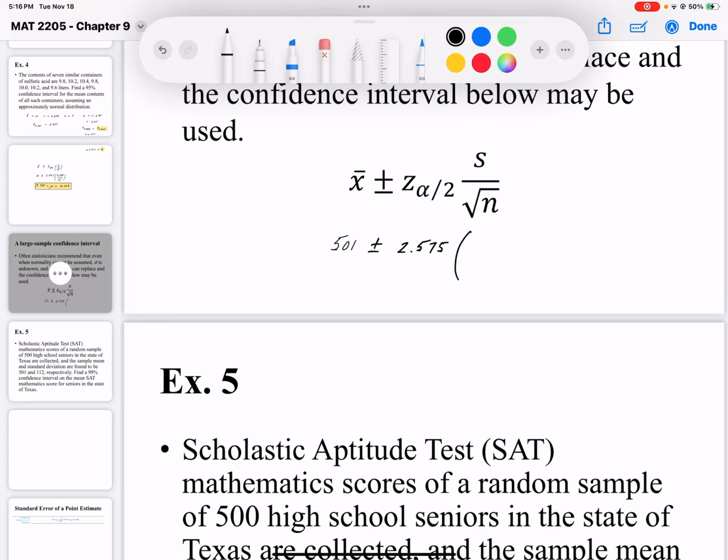That's multiplied by the S, or our sample standard deviation, which is 112. And that's divided by the square root of our sample size, which is 500.